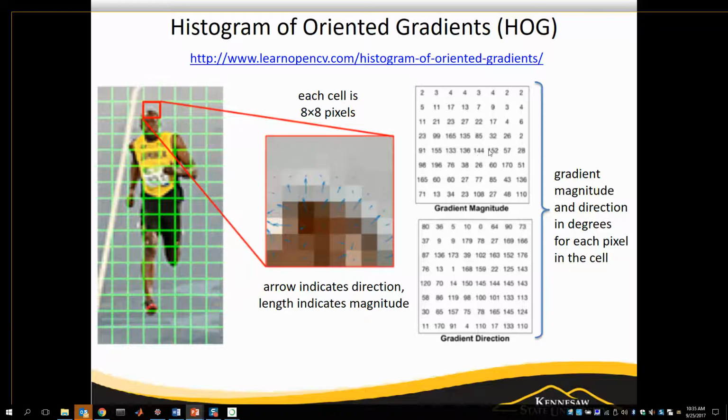Then we're also going to find the angle, the gradient direction of that. So that's the G and the theta that I was showing you before. The values in these two matrices are visualized here by drawing arrows, where the direction of the arrow is the direction of the gradient, and the length of the arrow is how strong the gradient is.